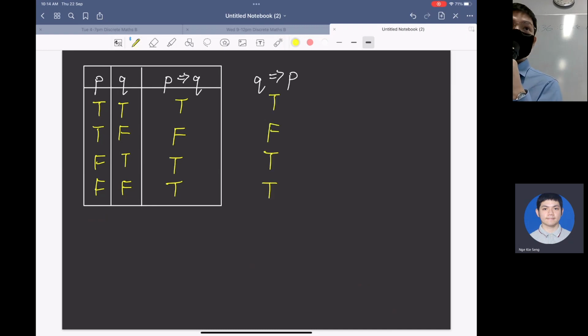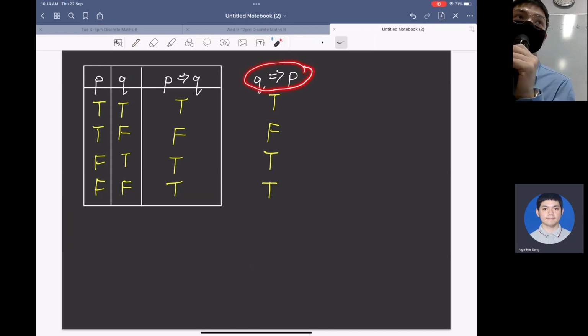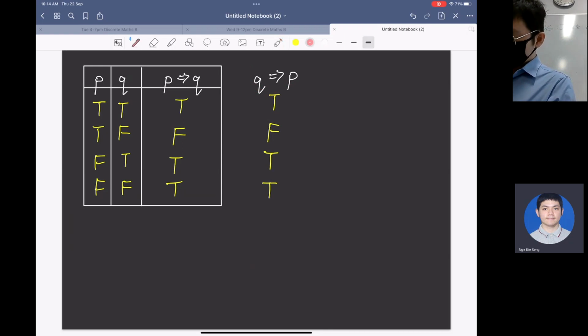Is it? Yes? Okay, let's check. So now it is Q implies P. Now is the testing of your knowledge. I defined everything for you already. So Q implies P. True implies true, what do you get?